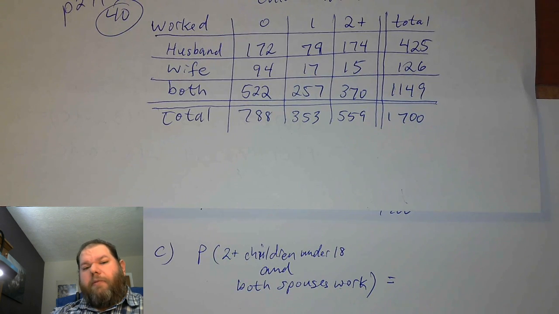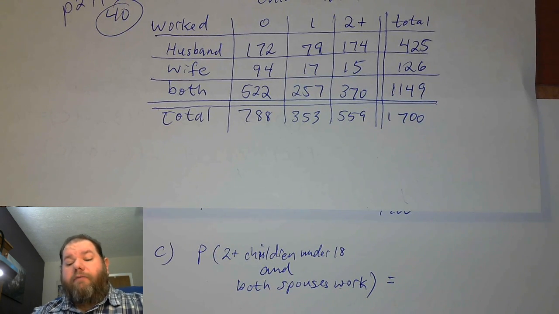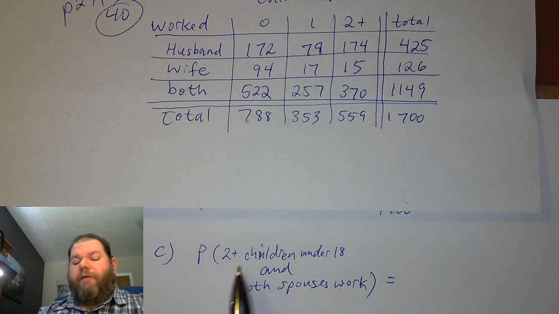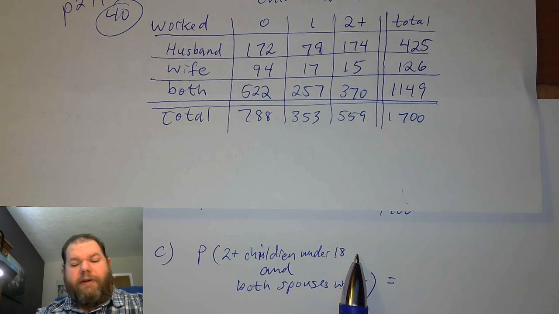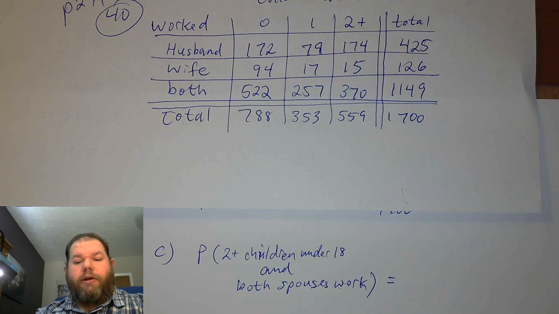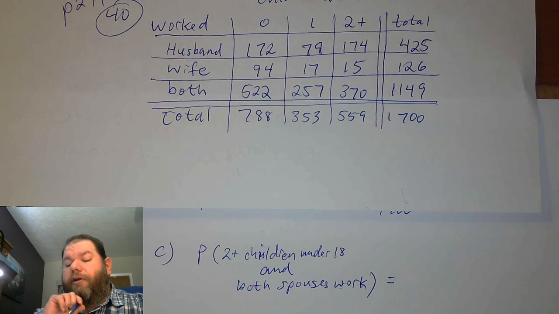So this time we're looking at how many of the couples fit both of these requirements, that they have 2 or more children under the age of 18 and both spouses are working. For how many couples is this true in this particular survey?